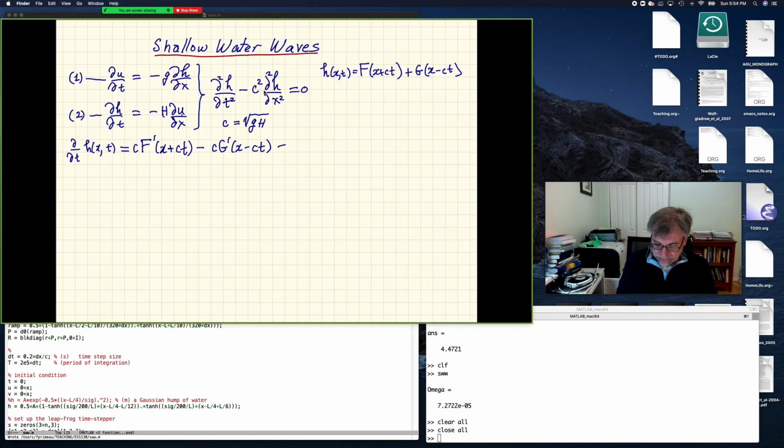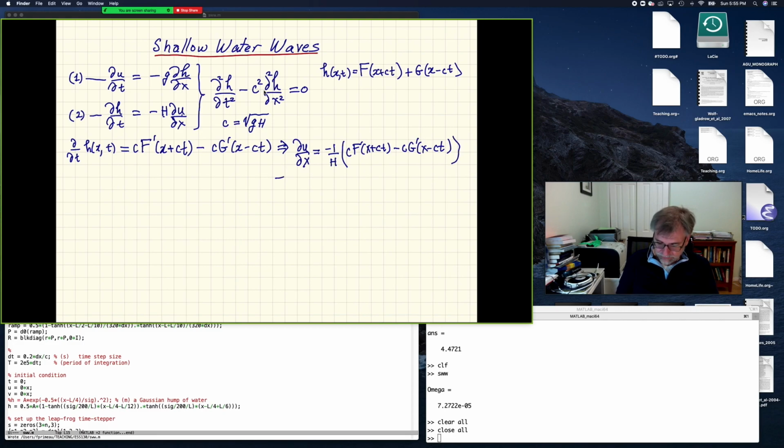So this means that du/dx, which is equal to dh/dt divided by minus h, is equal to minus 1 over h times c f prime of x plus ct minus c g prime of x minus ct.